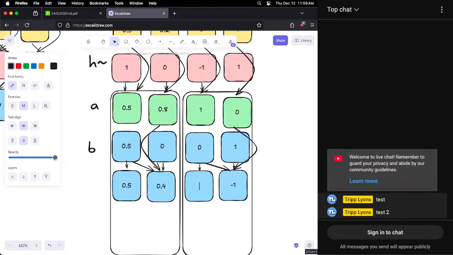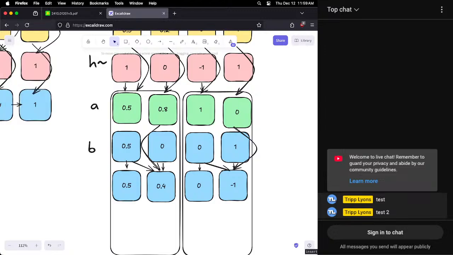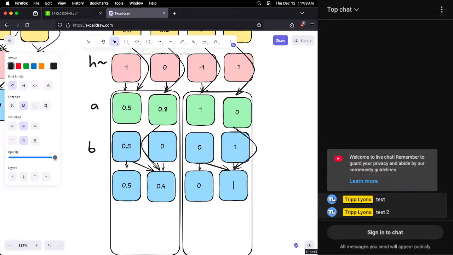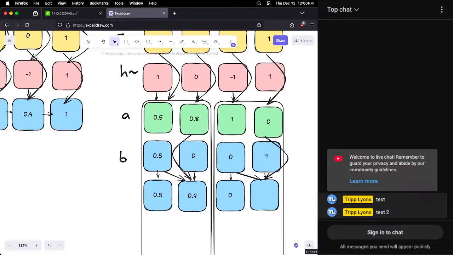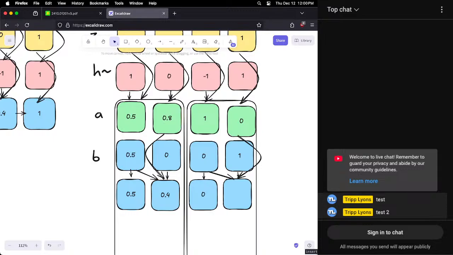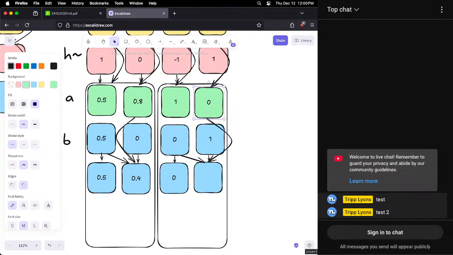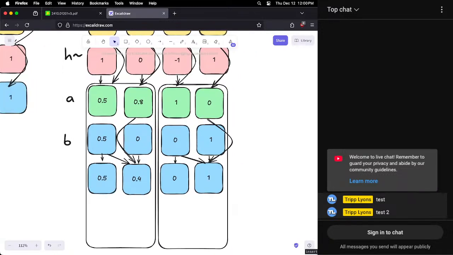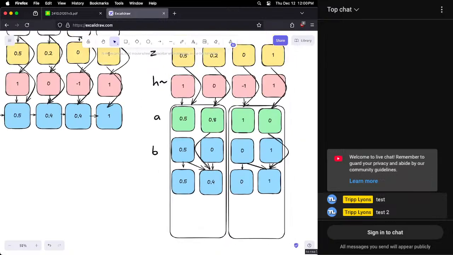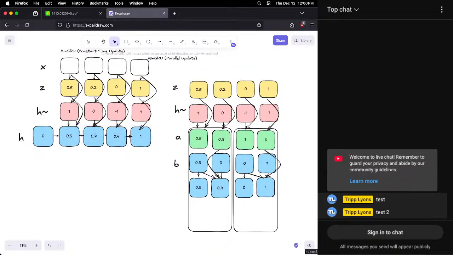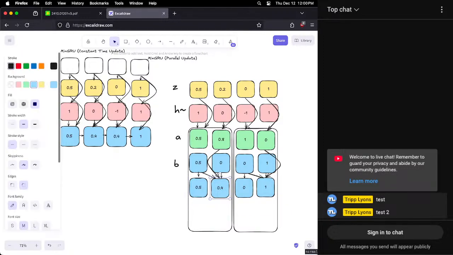No, wait, this is just 0 becomes 0. Okay. And then we need to multiply these two and then add this. 0 times 0 plus 1. Get 1. And then we see that if we compare these two values, the first one's already fully updated. The second one is missing the information from the first two, which is this 0.4.